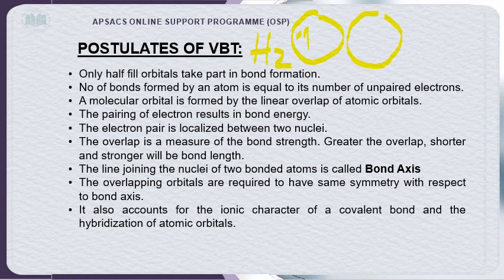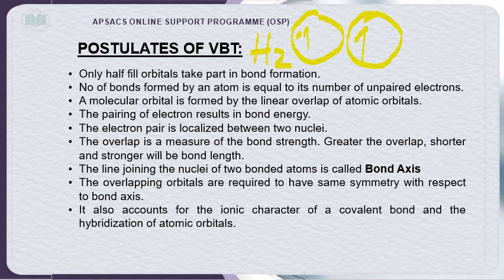Similarly, here we have the second atom of hydrogen. Again, it has an s orbital in it, which is half filled or partially filled. Here it also carries an unpaired electron. Both of these orbitals are s orbitals. They have spherical shape and they have one electron in each. Now come to the first postulate. Only half-filled orbitals take part in bond formation.